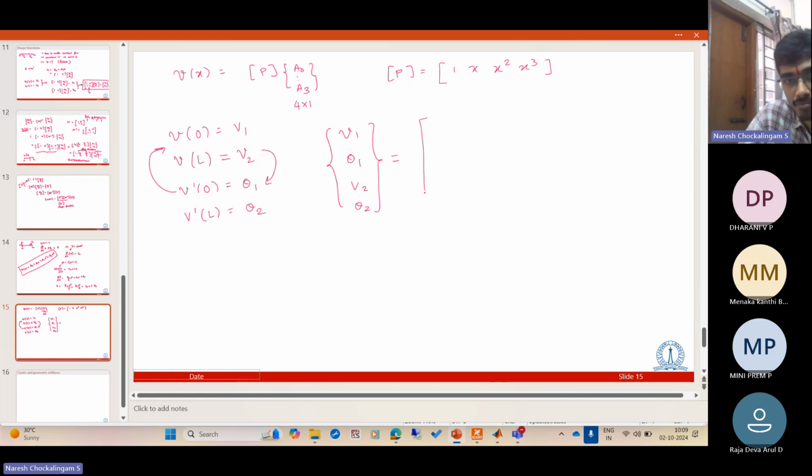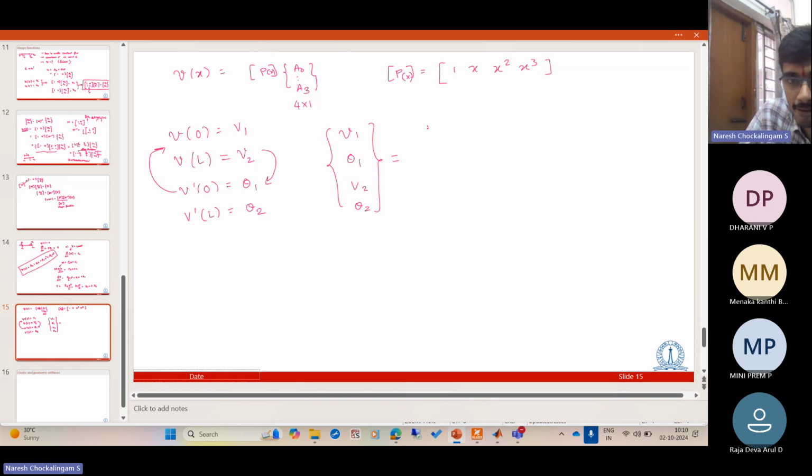This is equal to something. So this polynomial matrix is actually P of x, right? This is V of 0, V dash of 0, V of L, V dash of L. The dependence on x is actually in the polynomial matrix, and everything else, this A, is a constant that does not depend on x.